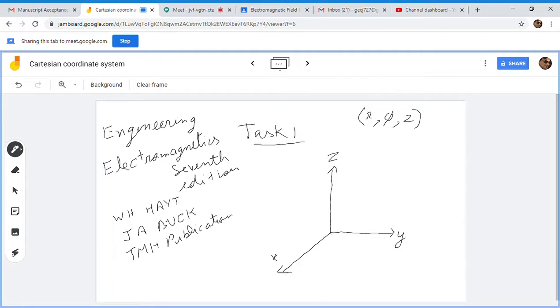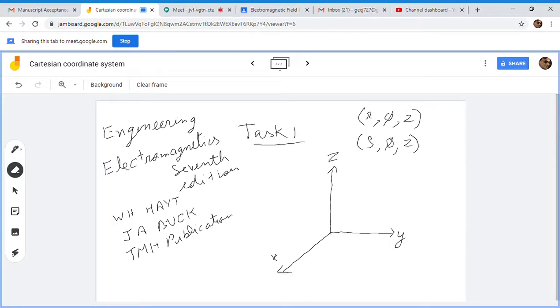In this book the coordinates for the cylindrical coordinate system are rho, phi, and z. Before this I had taken r, phi, z. So do not get confused.